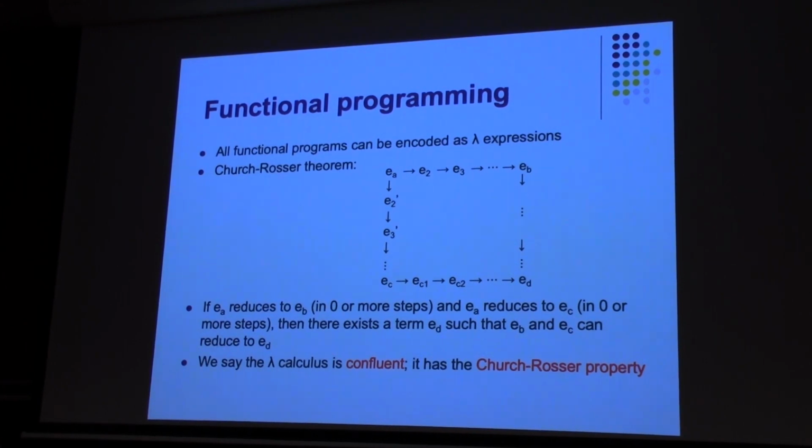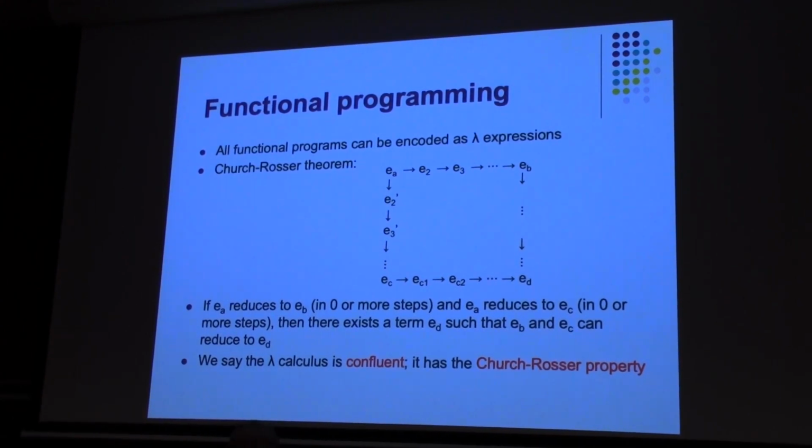What it means, basically, is that the reduction order doesn't matter. Eventually you will always get the same result. And this is a major property. It's called confluence. The lambda calculus is confluent. And this is the reason why declarative programs are so nice, and why there's no non-determinism, okay? It's also called the Church-Rosser property. That's another way to say it.